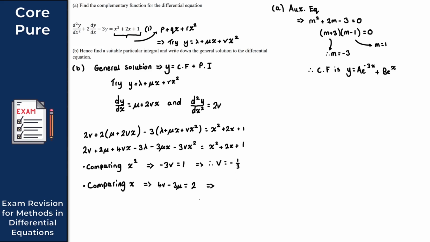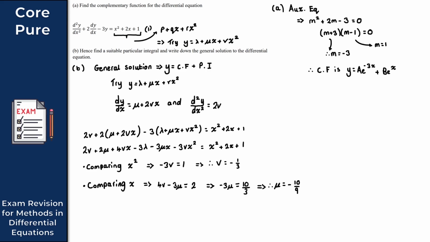If you solve this, what you should get is minus 3 mu is equal to 10 over 3. There we go. Then just divide by minus 3, and what we get is mu is equal to minus 10 over 9.